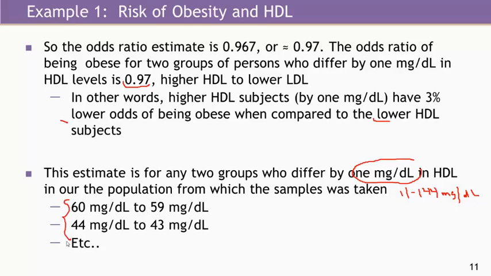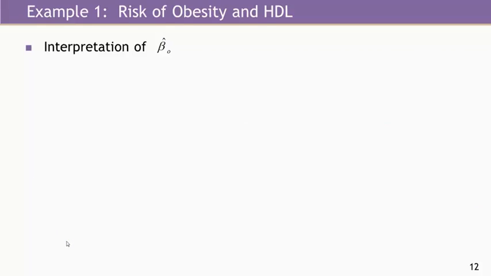So your interpretation of beta naught: beta naught is equal to negative 0.05, and generically speaking, beta naught is the log odds of obesity for persons with X1, or HDL, equal to 0.